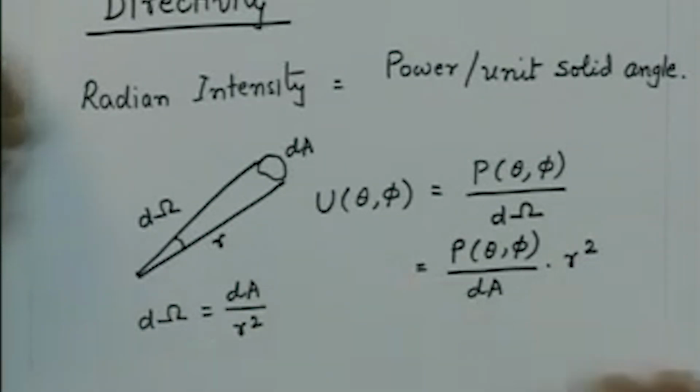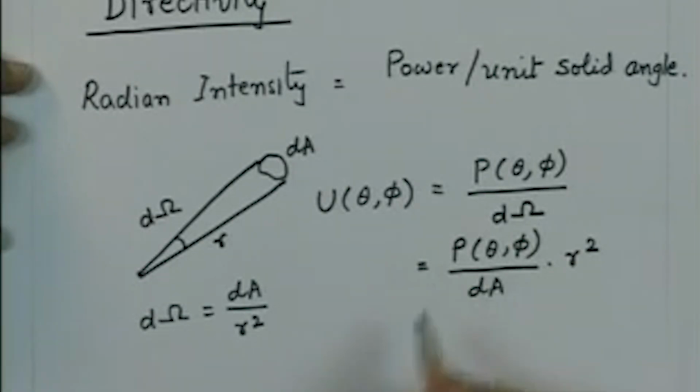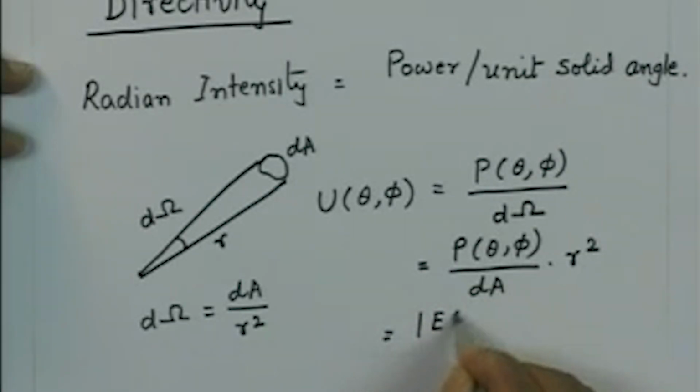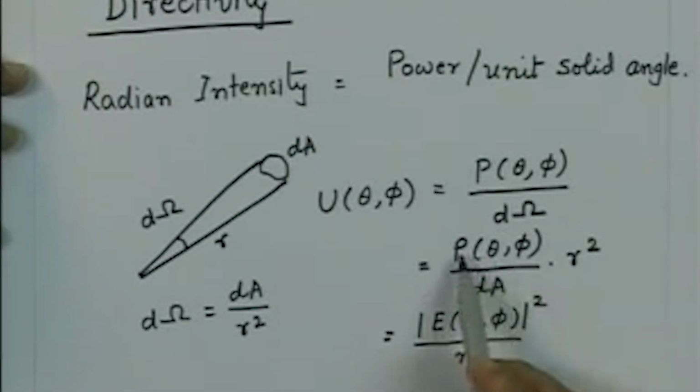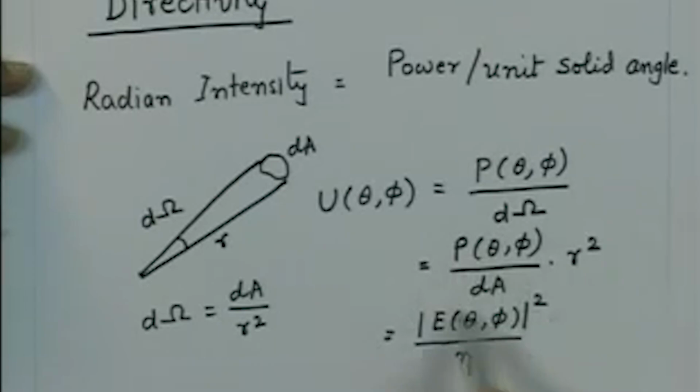The power density is |E(theta, phi)| square upon eta for a transverse electromagnetic wave. The Poynting vector is E cross H, but E and H are perpendicular to each other and H is E by eta. So you get the Poynting vector as mod E square upon eta, multiplied by r square.